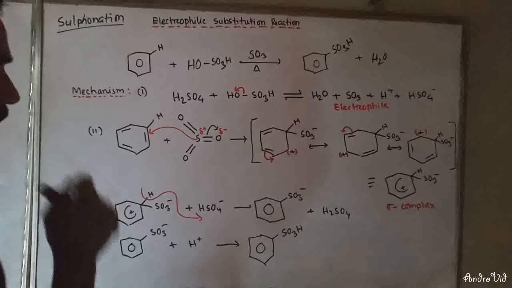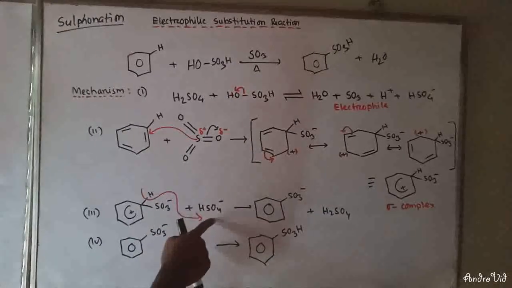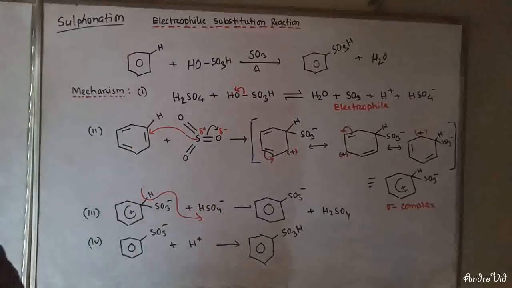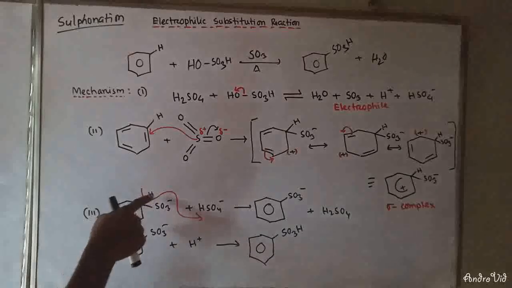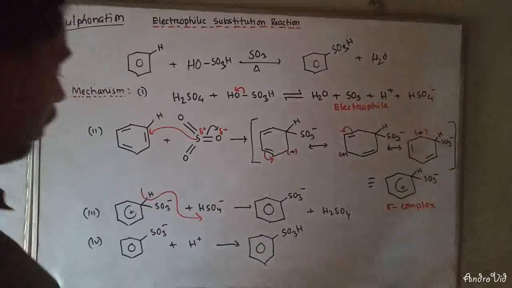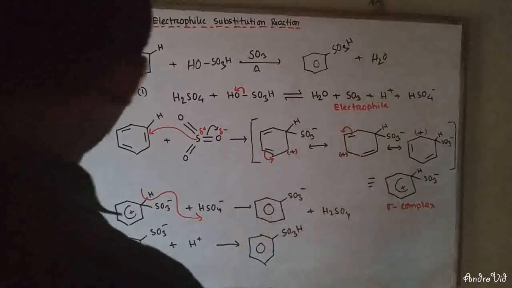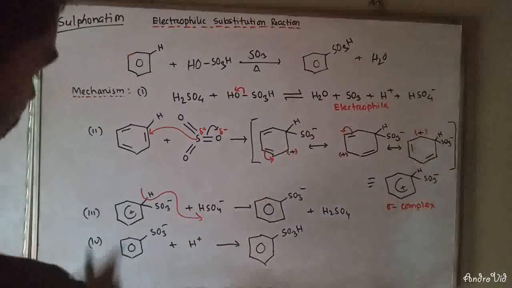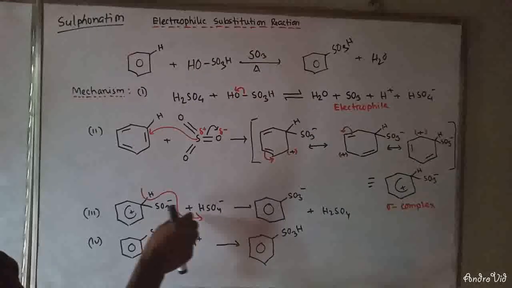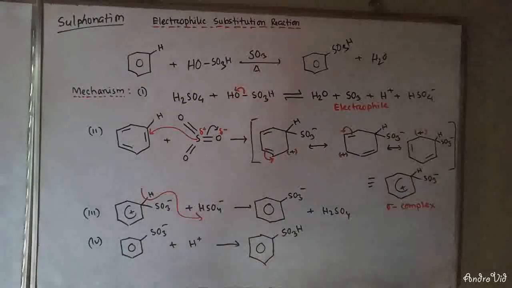For deprotonation to happen, you must give a bisulfate ion here, and when you give this bisulfate ion, a proton is eliminated from this compound and connected with the bisulfate ion to form a sulfuric acid molecule, and this compound remains. In this way, the hydrogen is replaced by the sulfonate group.